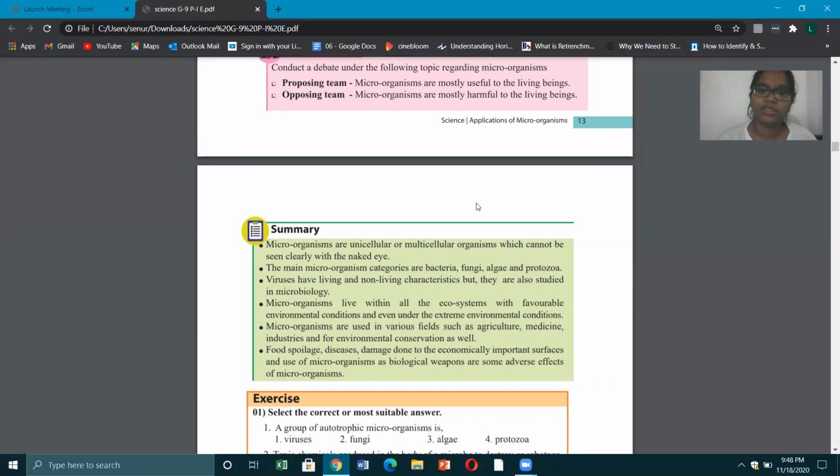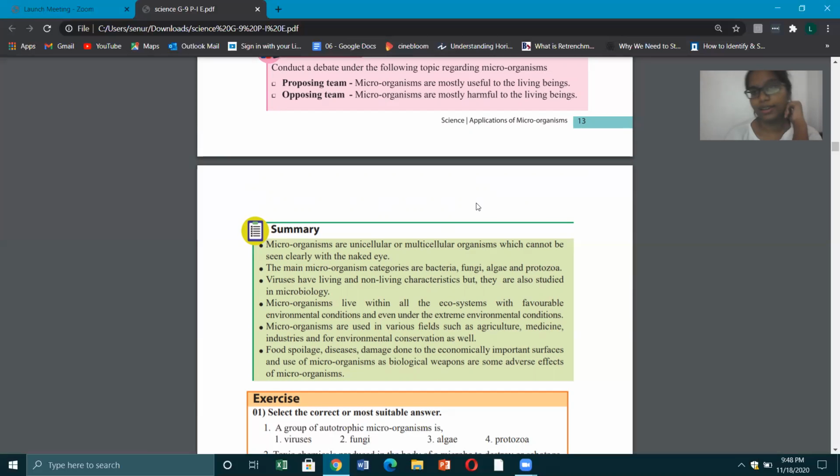The main microorganisms are bacteria, fungi, algae and protozoa, because viruses have living and non-living characteristics, but still we study them in the field of microbiology. Microorganisms live within all ecosystems with favorable environmental conditions and also in extreme conditions.